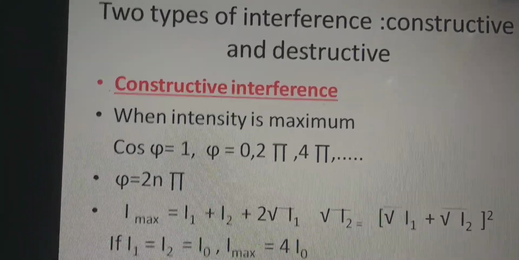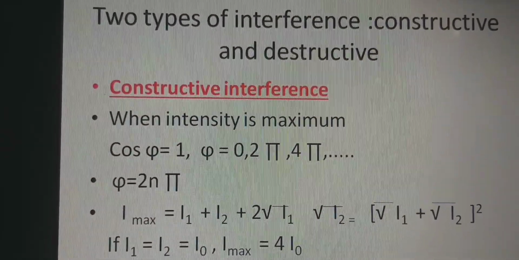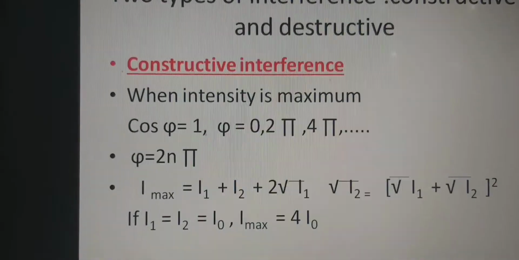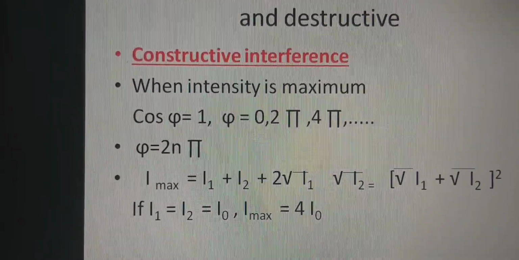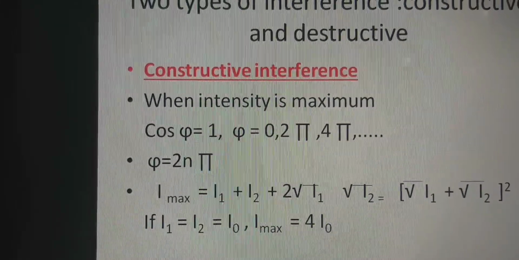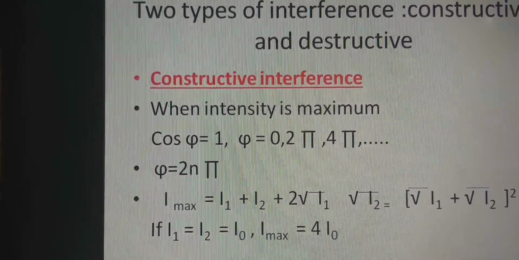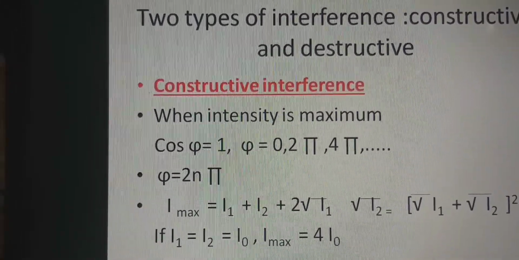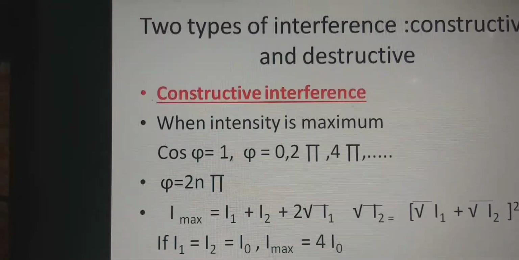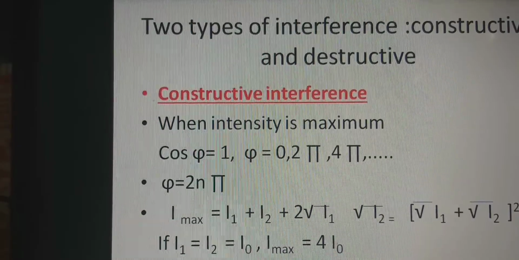Types of interference. Two types of interference: constructive and destructive. Constructive interference is when intensity is maximum, cos phi equal to 1. When cos phi value will be 1, phi value will be 0, 2 pi, 4 pi and so on.